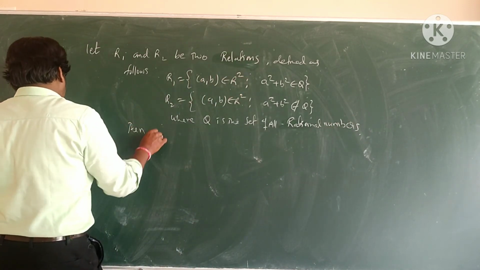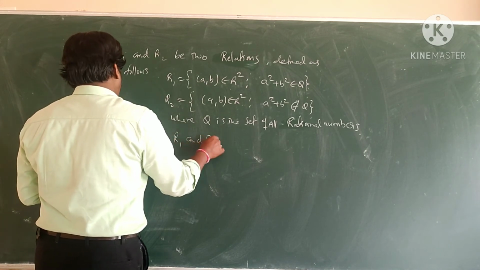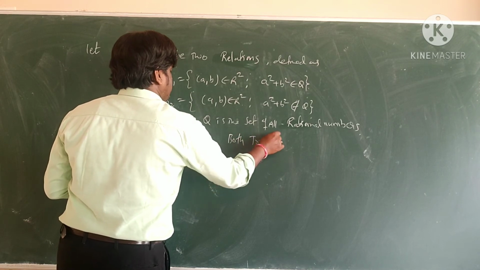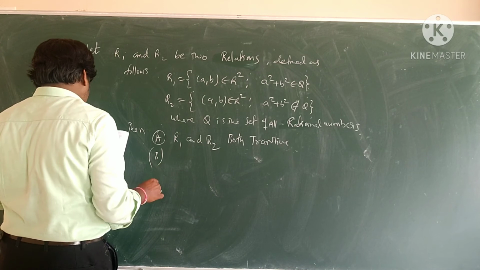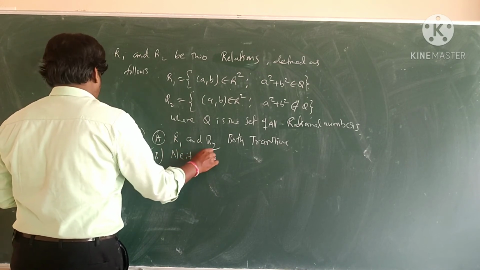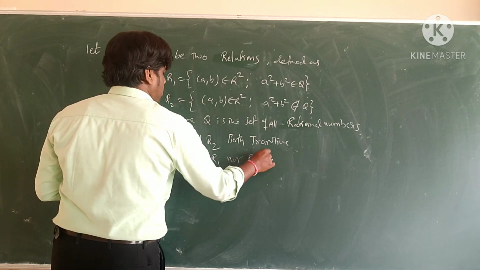Then option A, R1 and R2 both transitive. Option B, neither R1 nor R2 is transitive.